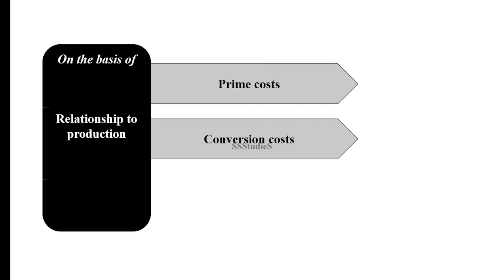Another way of classifying is on the basis of relationship of the cost to the production. On this basis, the cost can be classified as prime cost and conversion cost.